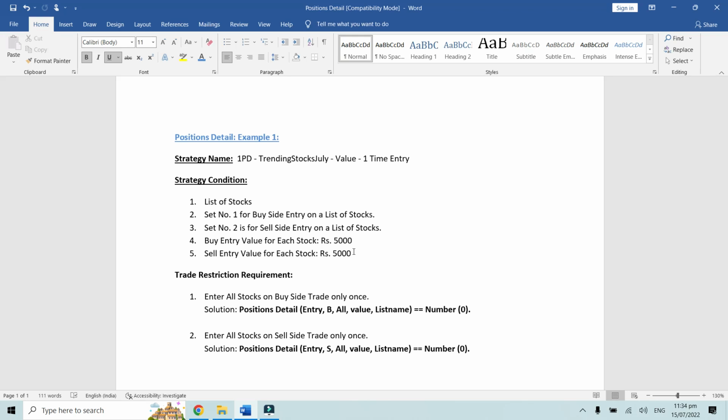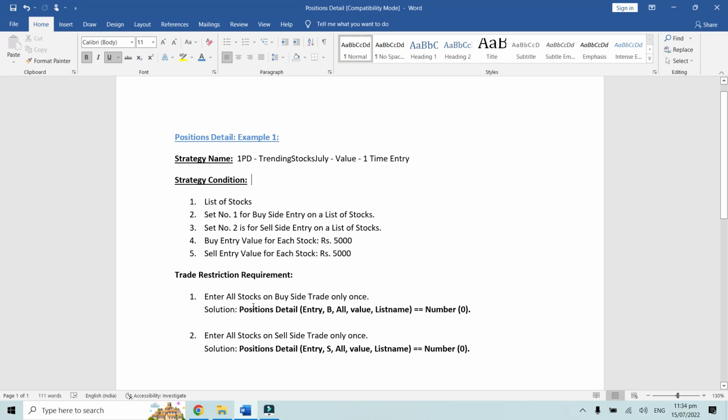All right. So the trade restriction requirement for this particular example is that we will enter all stocks that are there in the list on the buy side of the trade only once, and also on the short side we will enter all stocks on the sell side of the trade only once.